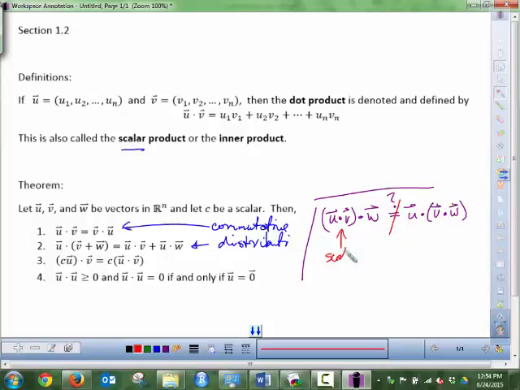So when you dot two vectors, you get a scalar, and then now this is no longer a dot product. This is a scalar multiplication, and that clearly wouldn't work in this scenario. Okay?